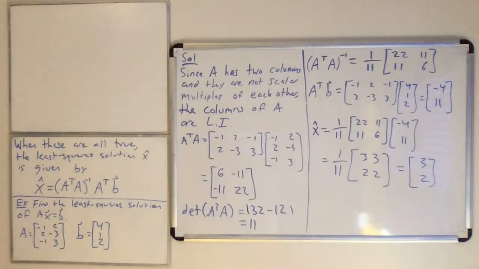So another thing of interest is we know that A times 3, 2 gives us as close to B as possible, but we could ask, how close are we?